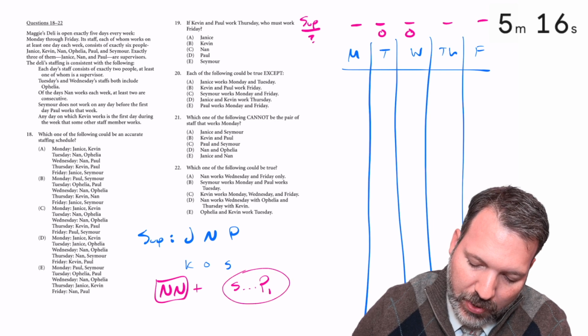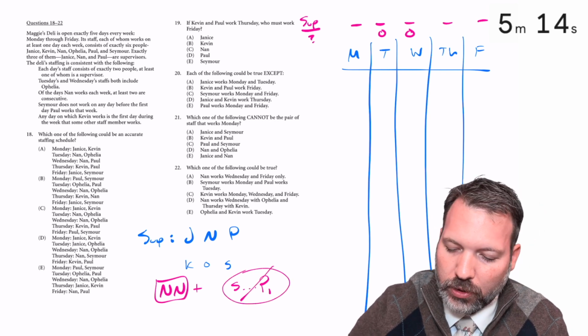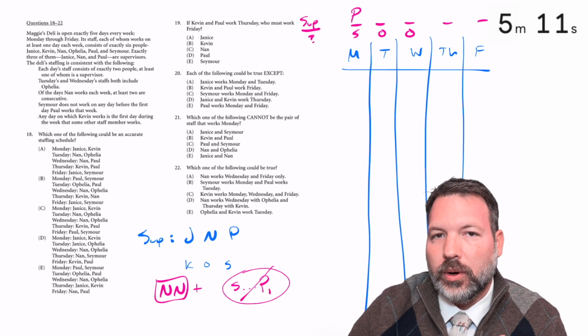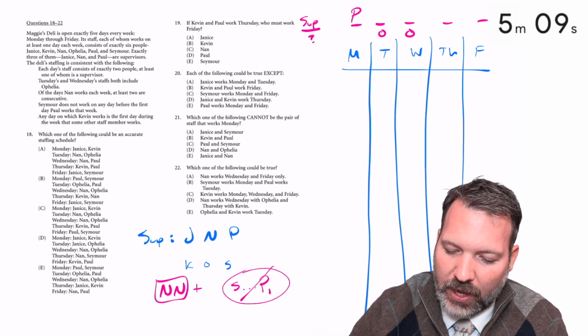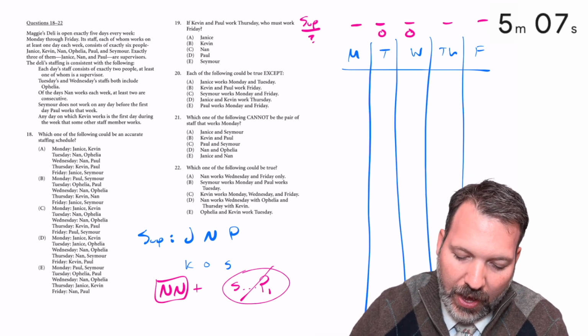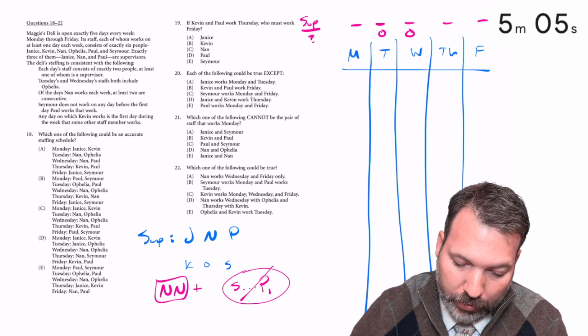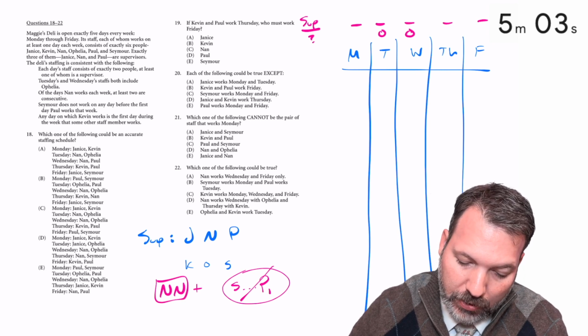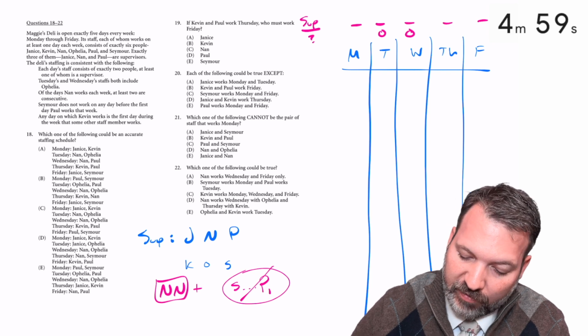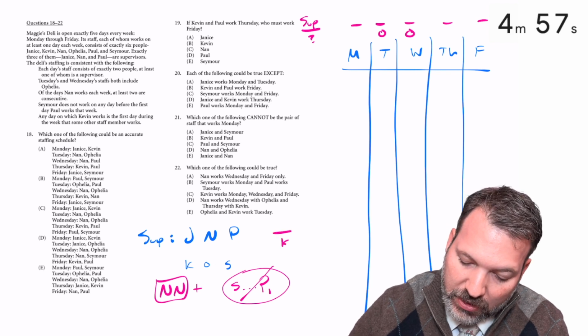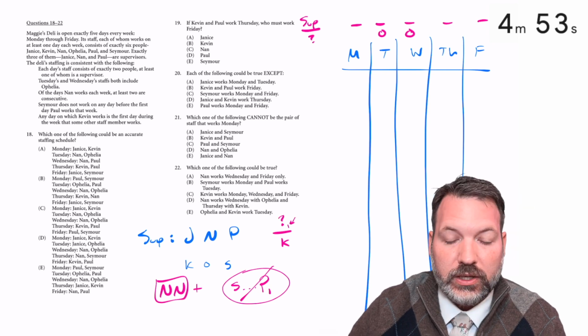We can't say P is before S for sure, because you could imagine a scenario where P is the supervisor on Monday and then S goes that same day. S just can't be before Paul's first day. And then any day on which Kevin works is the first day during the week that some other staff member works. So whenever we see Kevin, the other person, that's their first day to work that week.